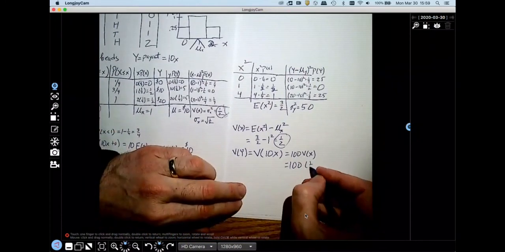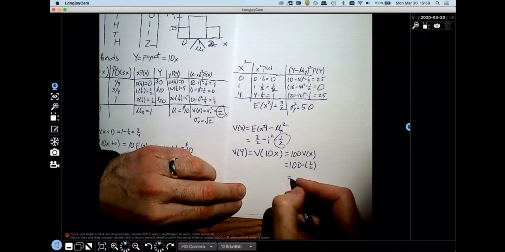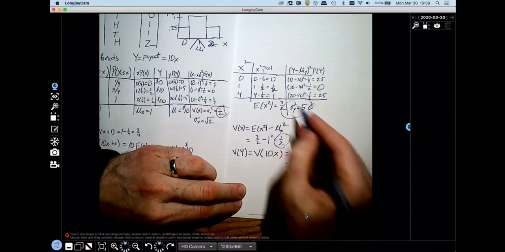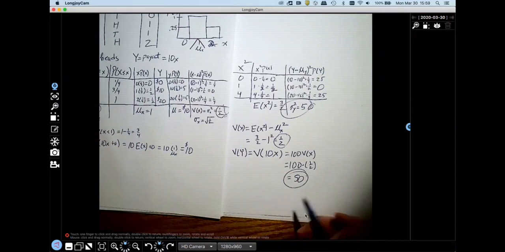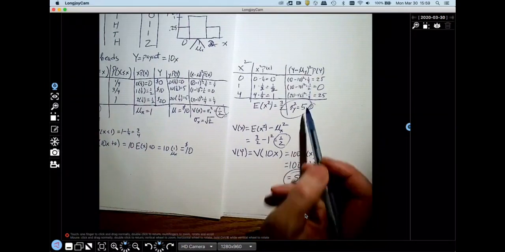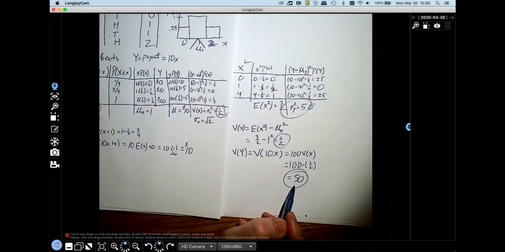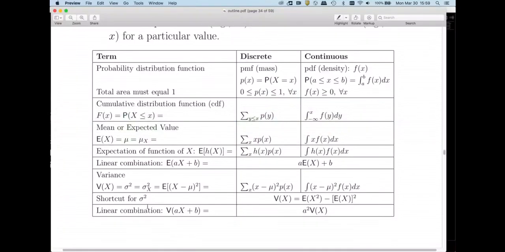So times 1/2 is equal to 50. And so the point I'm trying to make with all this is that if you use the definition of variance, you get exactly the same answer as if you use this formula for the linear combination. So those two formulas are very important for you to know.